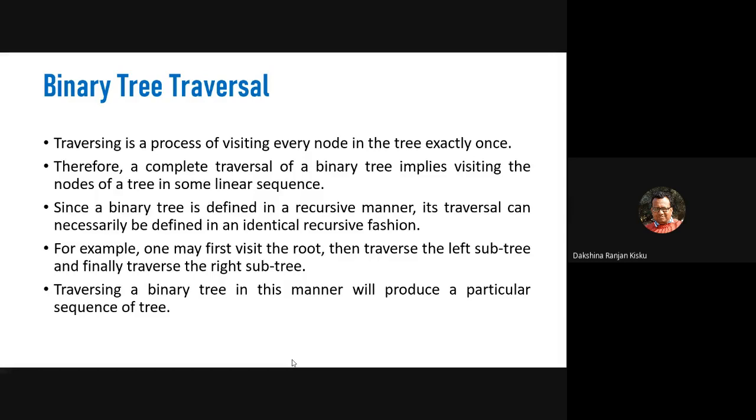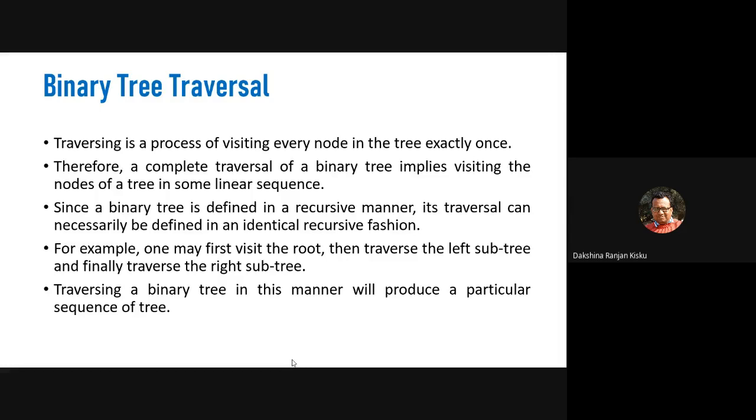Just like the previous rule, where we visited the left subtree before the right subtree, this rule will generate three other linear sequences.